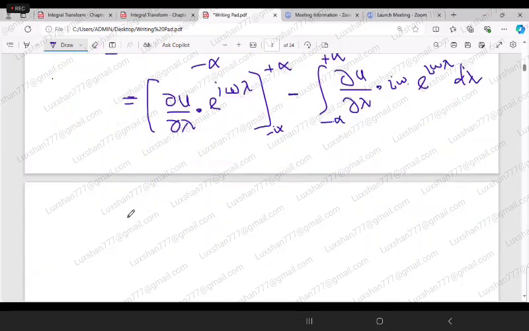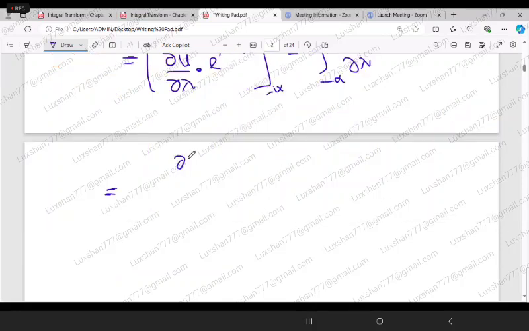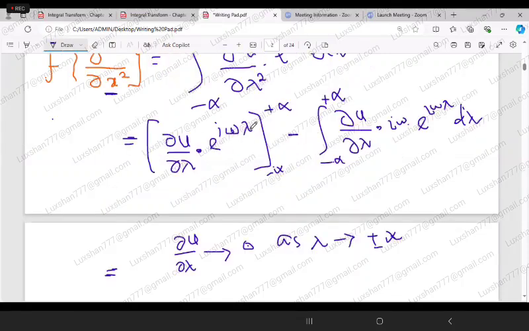Look here, we are again assuming ∂u/∂λ tends to 0 as λ tends to plus or minus infinity. So this part vanishes.